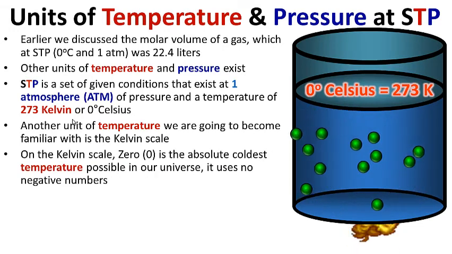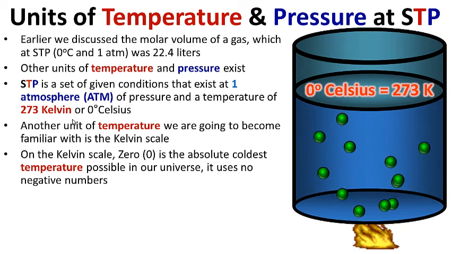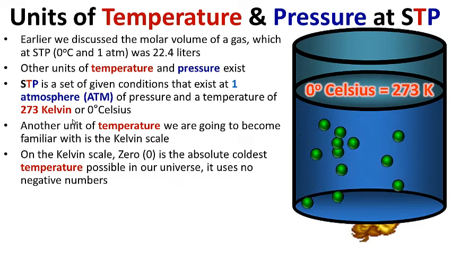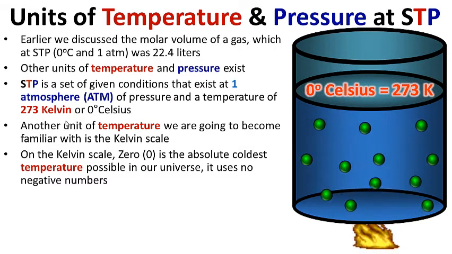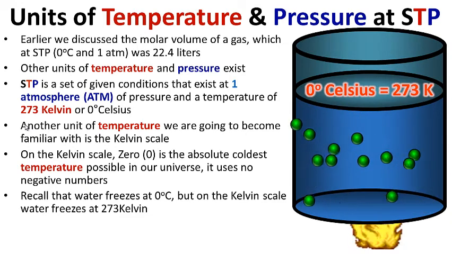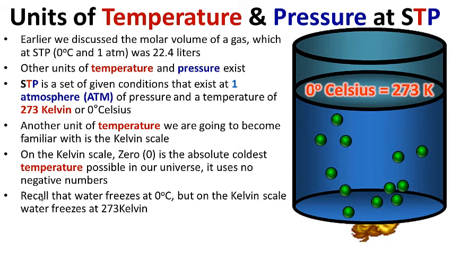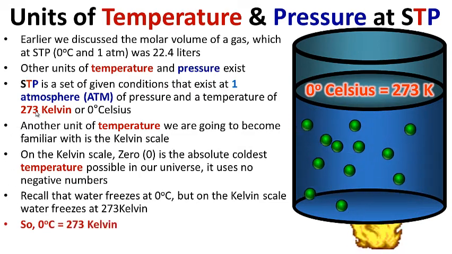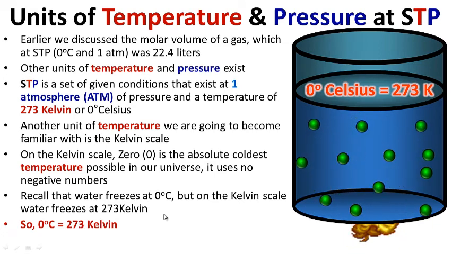On the Kelvin scale, 0 is the absolute coldest temperature possible in our universe. Nothing is colder than 0 Kelvin. It uses no negative numbers. Recall that water freezes at 0 degrees Celsius, but on the Kelvin scale, water freezes at 273 Kelvin, or 273 K. So 0 degrees Celsius is equal to 273 Kelvin.